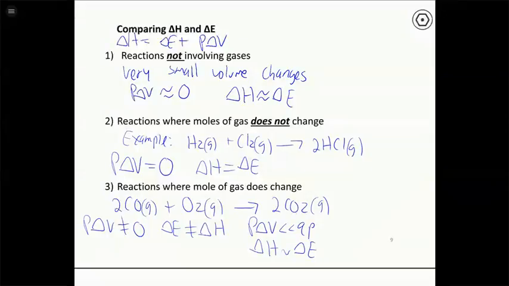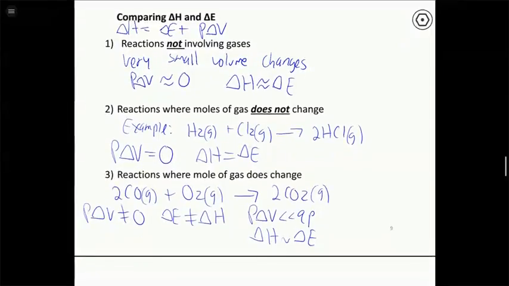So really what this is trying to convince you is that delta H and delta E are not all that different from each other in terms of their magnitude, in terms of their value. And delta H is a much more convenient one to measure because it just depends on the heat measured at constant pressure, and we don't have to worry about the work term itself. So delta H and delta E are fairly similar in terms of their value, but we do want to be aware of the precise difference in their definition.